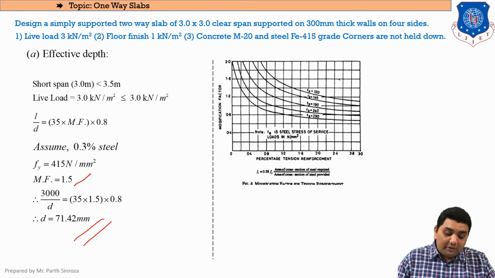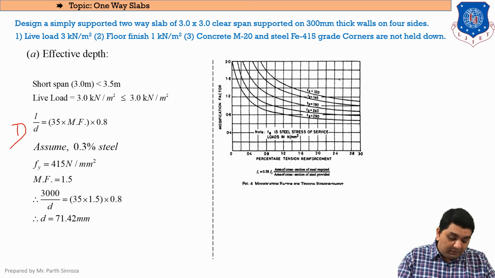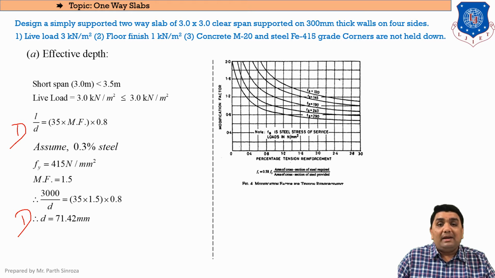Now keep in mind, in the IS code it was prescribed that the length to overall depth ratio. So this can be written as capital D also to satisfy our main equations. If this was capital D, then again capital D will be 71.42, but as you all know, we are always providing the depths to be higher than what we get in this equation.